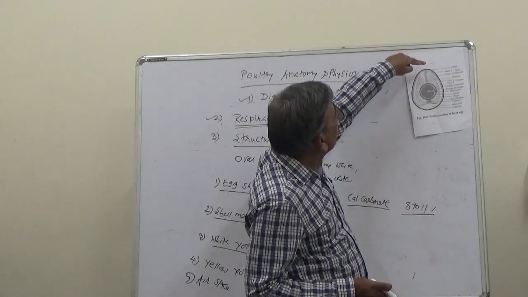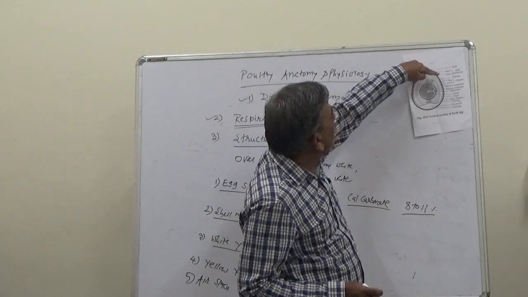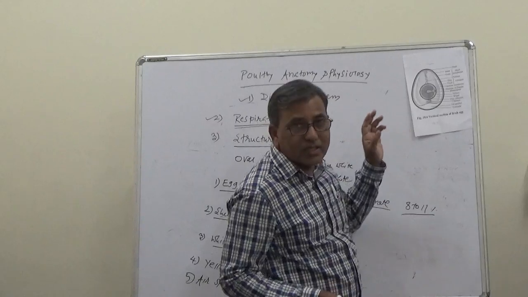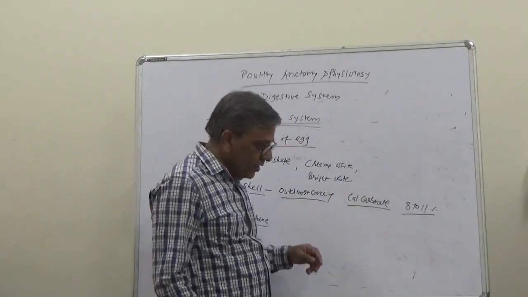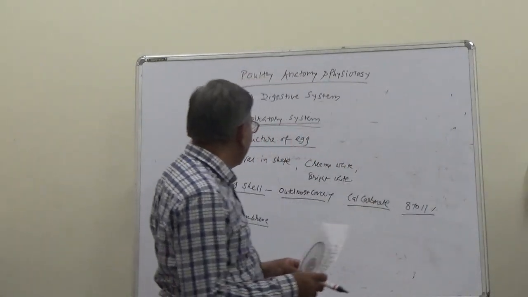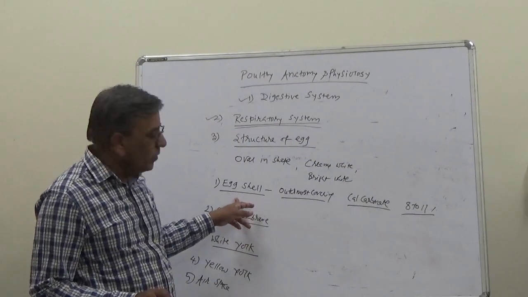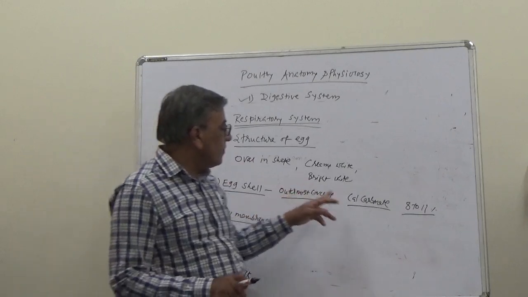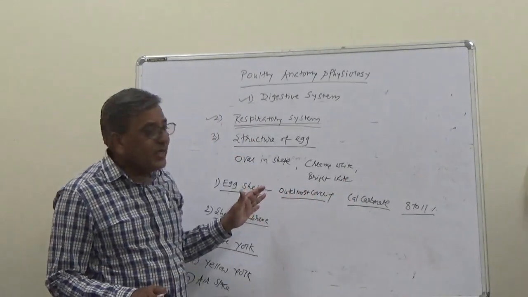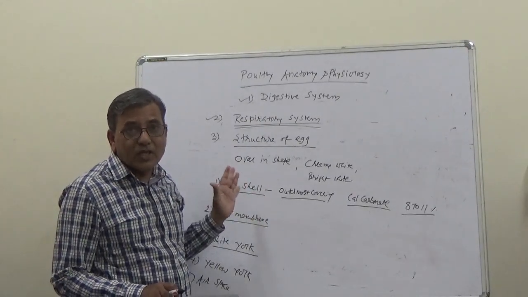You can observe in the diagram also. It is shown in the form of a dark black outer circle, eggshell. It is the outermost covering of poultry egg, made up of calcium carbonate, and the total volume is 8 to 11% of total egg.